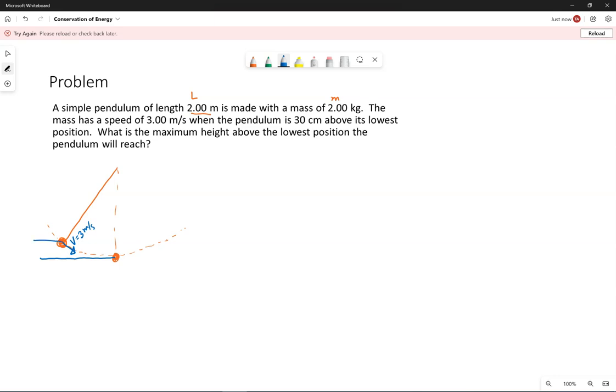So lowest position, I'm going to call y equals 0. This is 30 centimeters. So at that moment in time, it has both kinetic energy and gravitational potential energy.